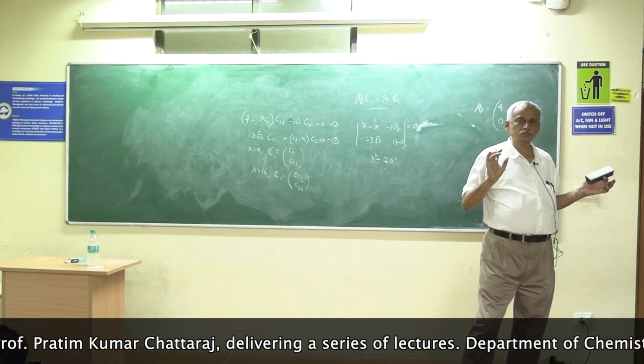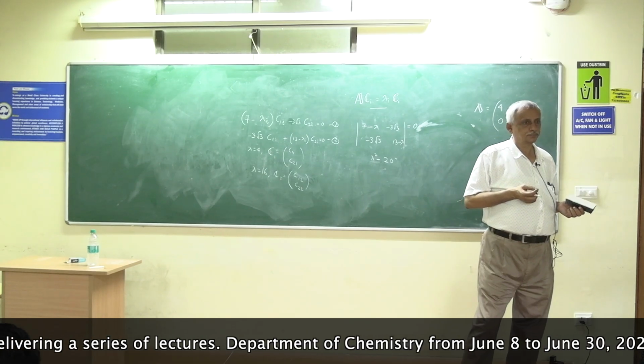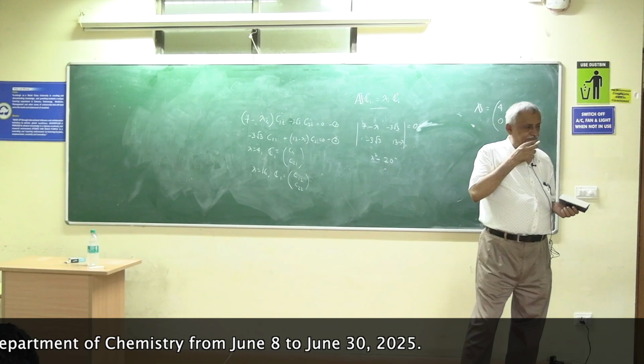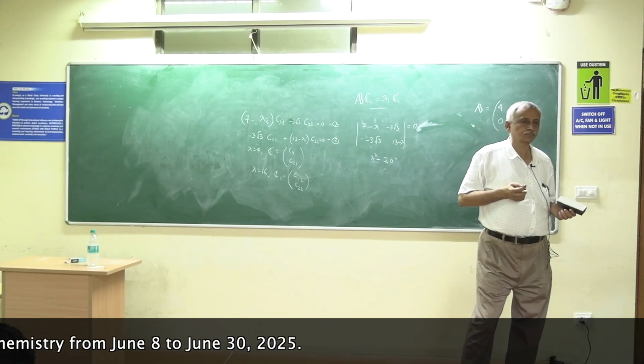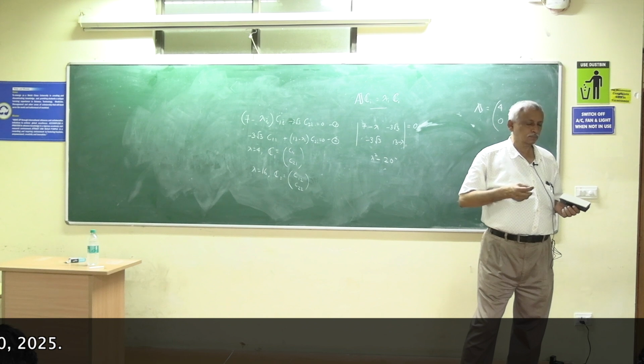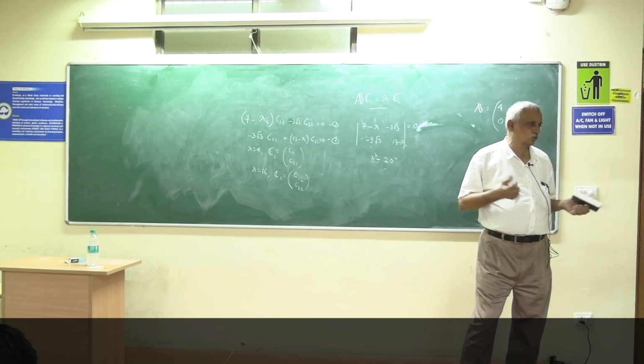Again, two equations, two unknowns, linear equations, no trouble. If I give a 3 by 3 matrix, there also you can apply Cramer's rule.